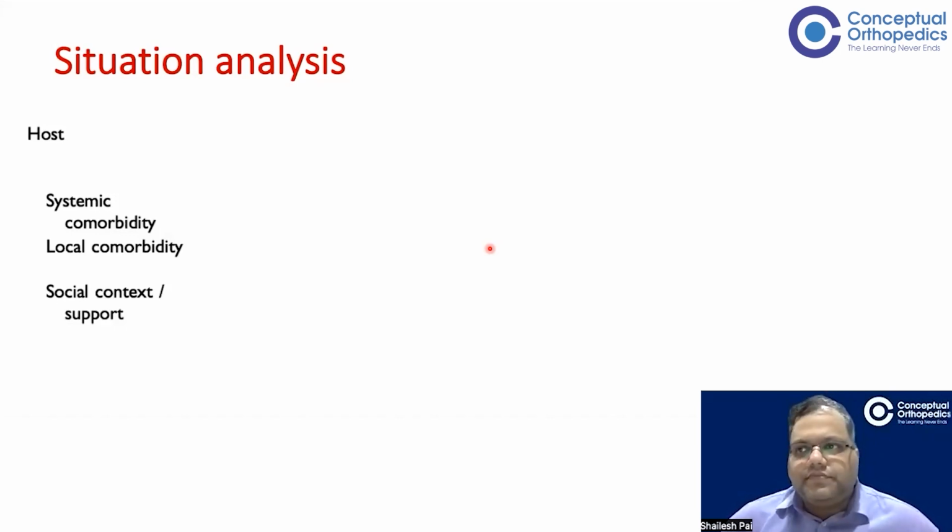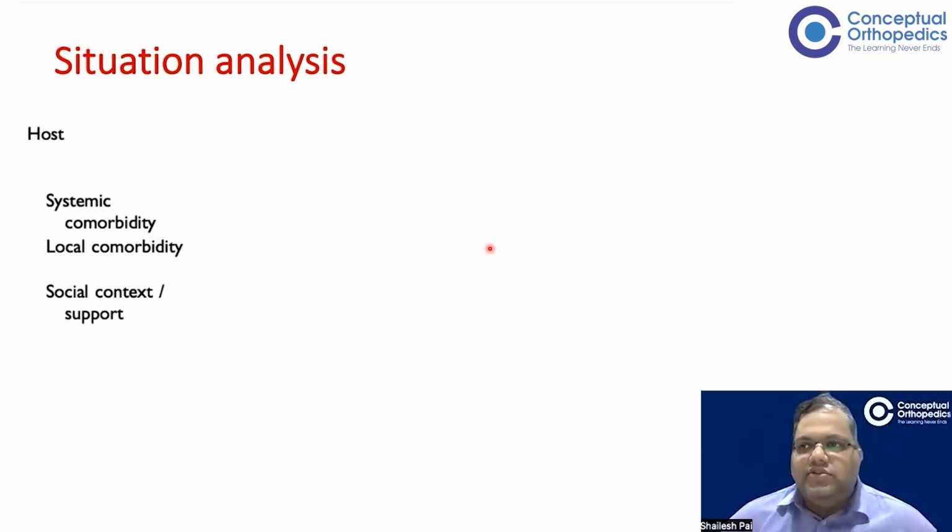Once we do all that, we need to know the social context and the support of this patient. Once we diagnose that the patient has a fracture-related infection, it is going to be a long duration of multiple surgeries and rehabilitation, thereby delaying the patient getting back to his normal functional status.